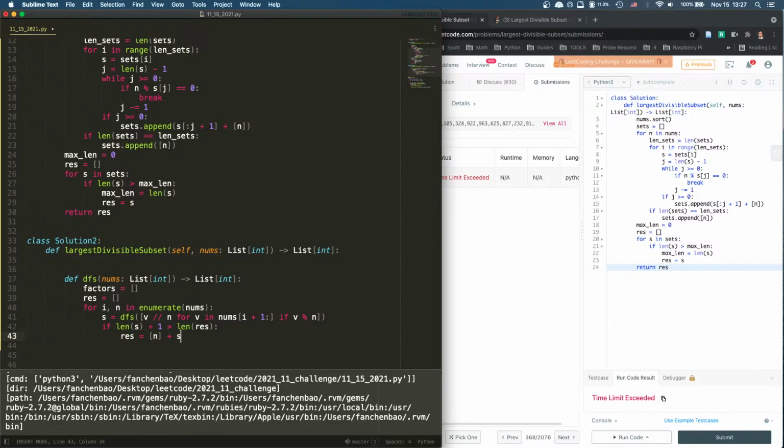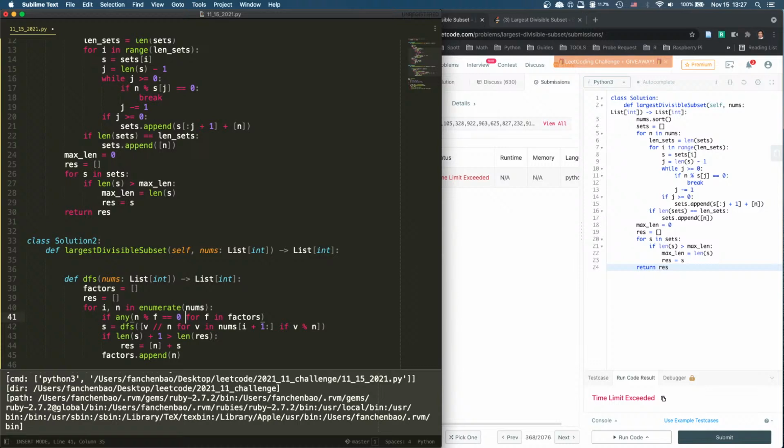And once we're done, factors.append, right? We're going to append s. No, n. N is the factor. So we add n, and I go for the next one. But every time we have to check the factors, right? We say if any f in factors where n mod f equals 0, if it's divisible, right?